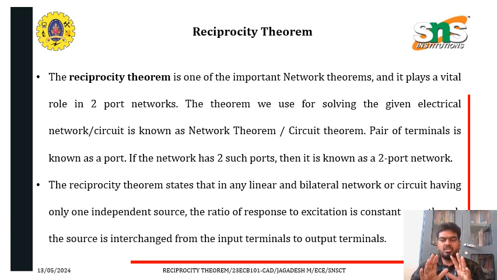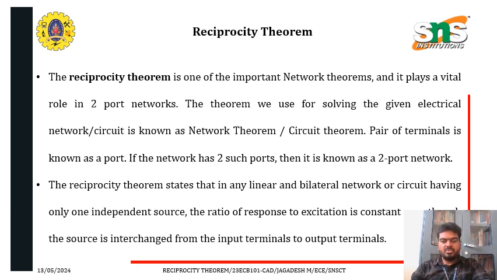The theorem we use for solving the given electrical network circuit is known as network theorem or circuit theorem. A pair of terminals is known as a port, and if the network has two such ports, then it is known as a two-port network.